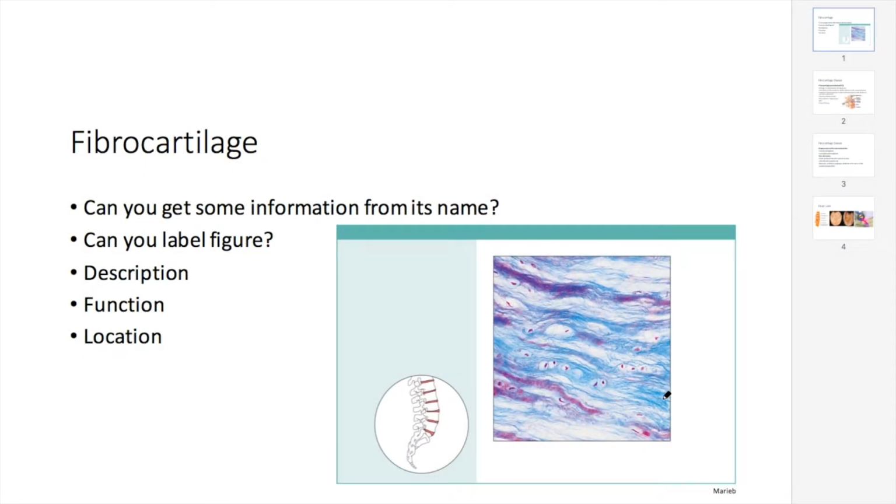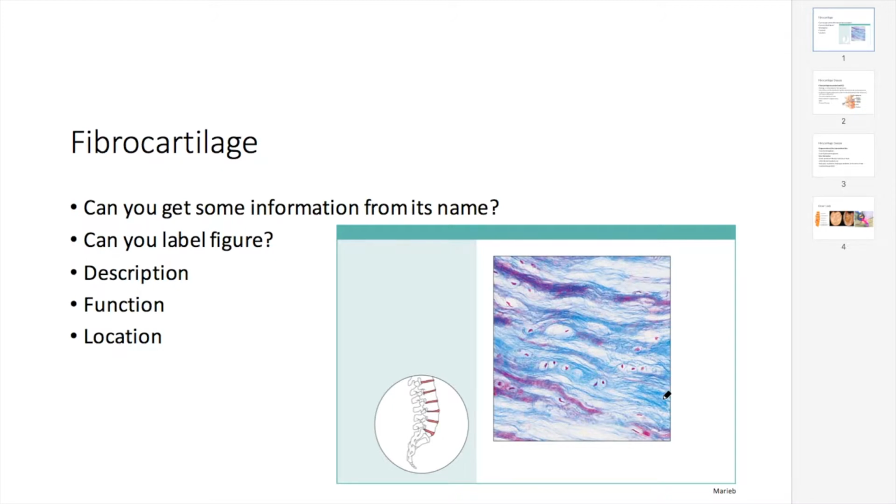Whoa. Let's talk about fibrocartilage. What's up, guys? In the last lecture, we talked about hyaline cartilage. In today's lecture, we're briefly going to talk about fibrocartilage, one of the very important cartilages in the human body. Today I'm going to introduce fibrocartilage to you.